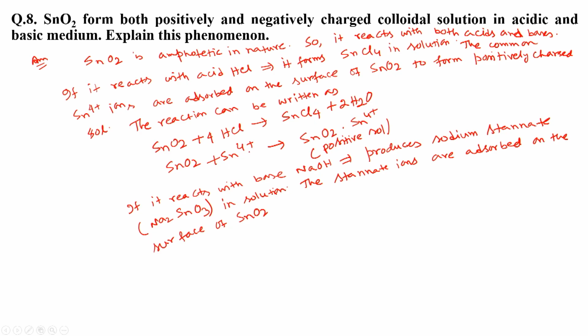Now, Sn4+ ion is getting adsorbed on the SnO2 surface, so we form positive sol. And here when SnO2 reacts with NaOH, it produces sodium stannate in solution. So, the stannate ions now are adsorbed on the surface of SnO2. So, we get negative sol here, right? Negatively charged sol.